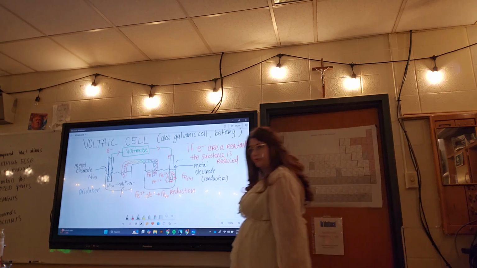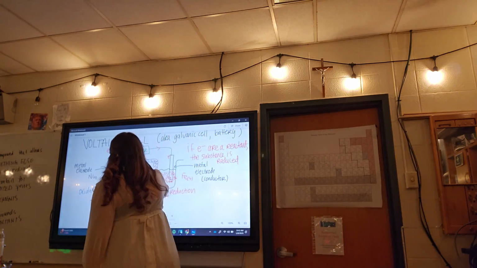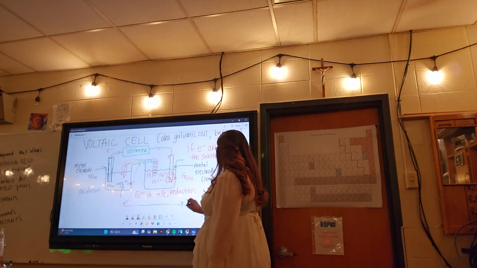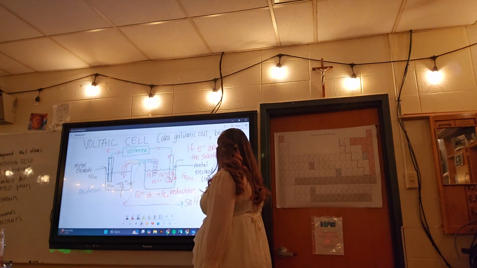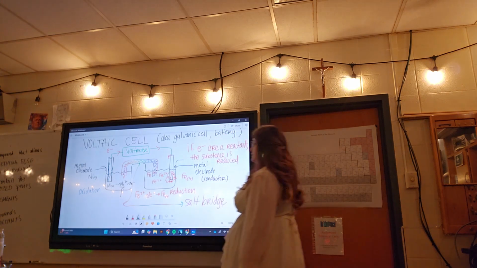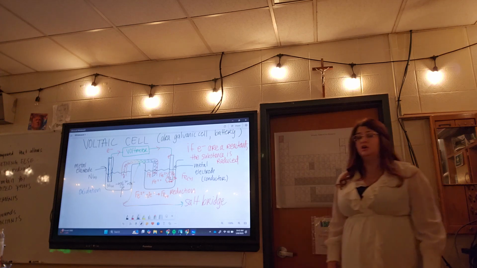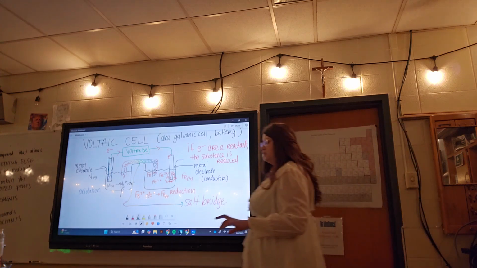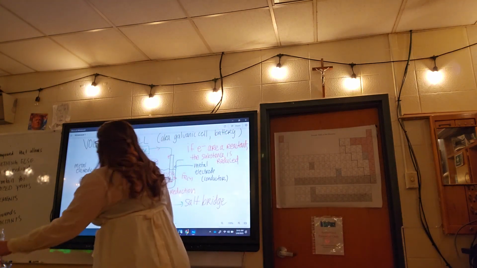This rainbow bridge here has a special name. It's called the salt bridge. And if your voltaic cell does not have a salt bridge, your battery cannot run. It'll never be good at conducting electricity.